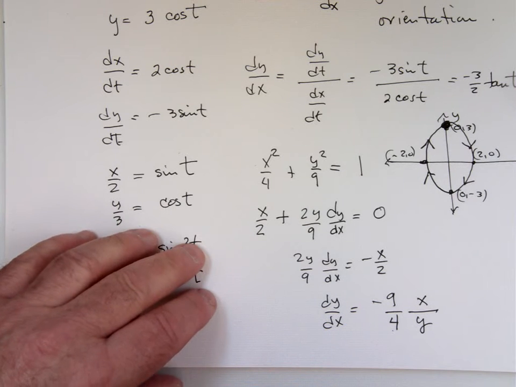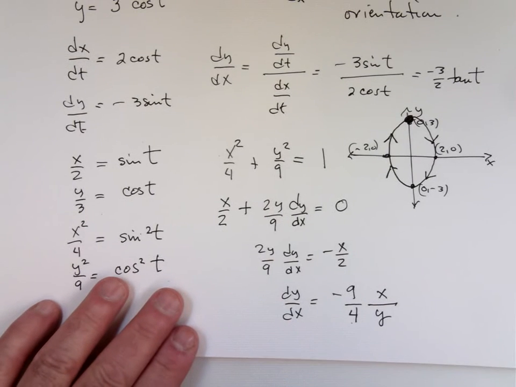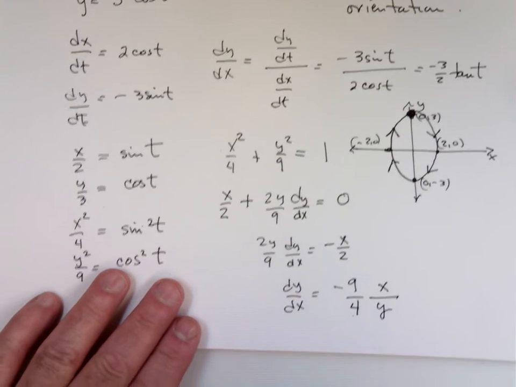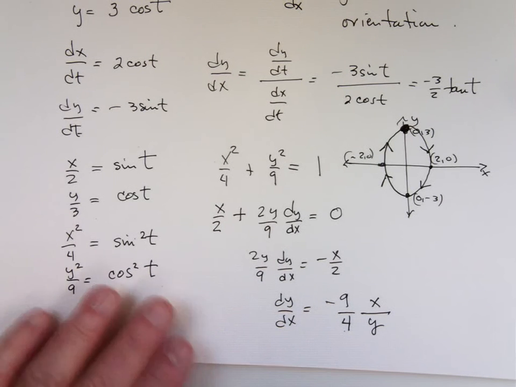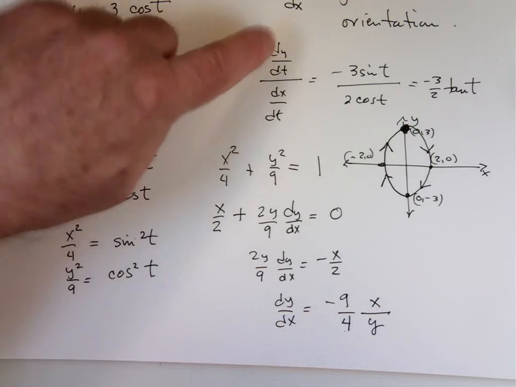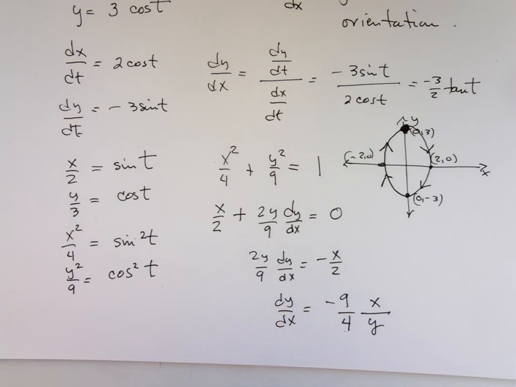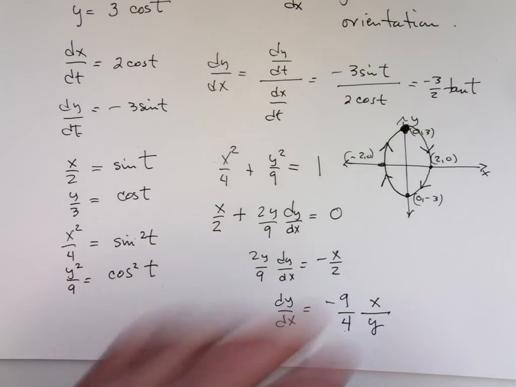Could you please move the paper? So it looks like you started the problem up there with the negative 3 sine t over 2 cosine t, right? Yes. And you started doing it that way, and then you sort of stopped halfway through and started doing it through implicit differentiation? Well, here's what I did.